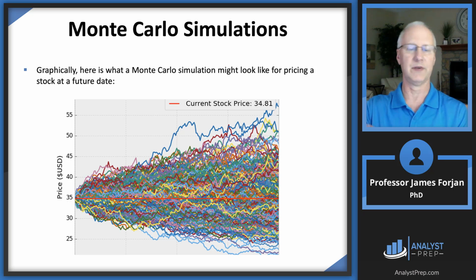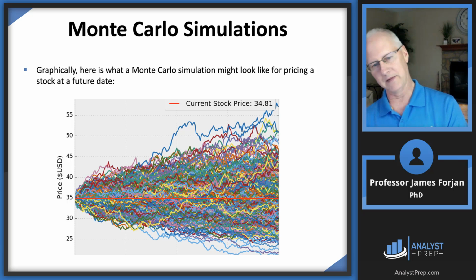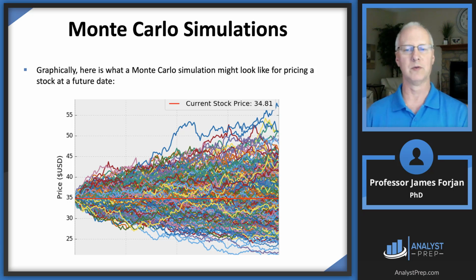And you see all the different colors. Those are all the different paths. And so notice what happens there. Best case scenario, the stock price looks like it might be $57? And down at the bottom, it's hard to tell, $20 or whatever. So there are probably some that even go a little bit below that didn't show up in the picture.